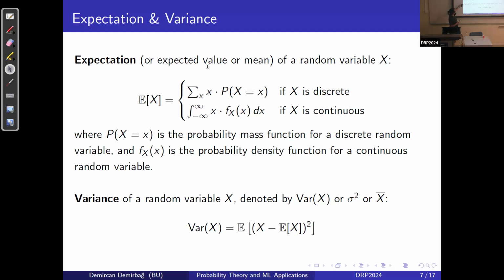We can look at the definition of variance. The definition of variance is given like that. You again sum something. What do you sum? You take the difference between the output and the mean, you take the square of it, and you calculate it for all of the outputs.